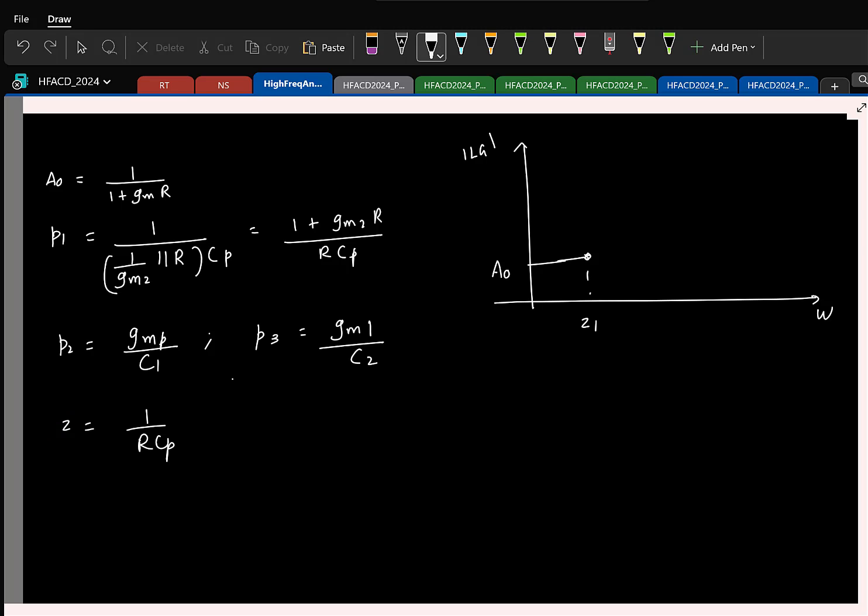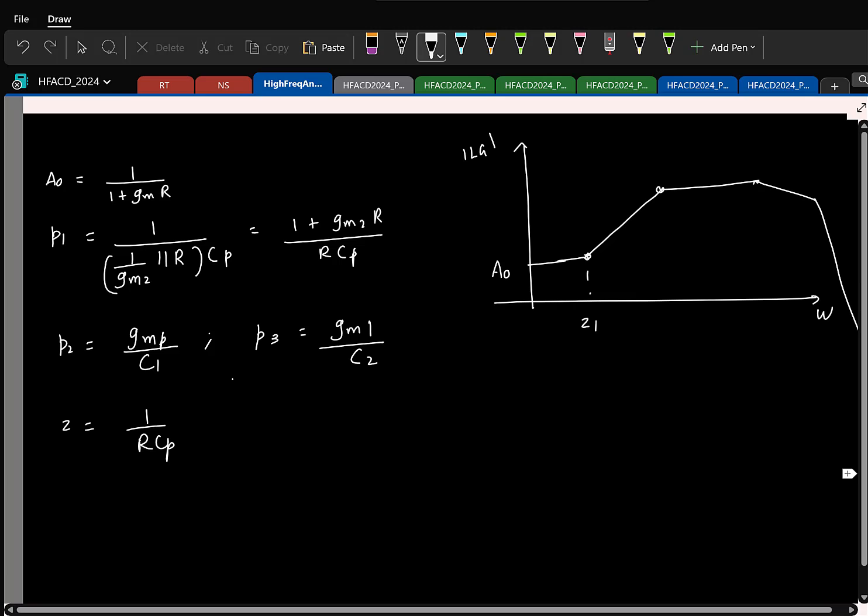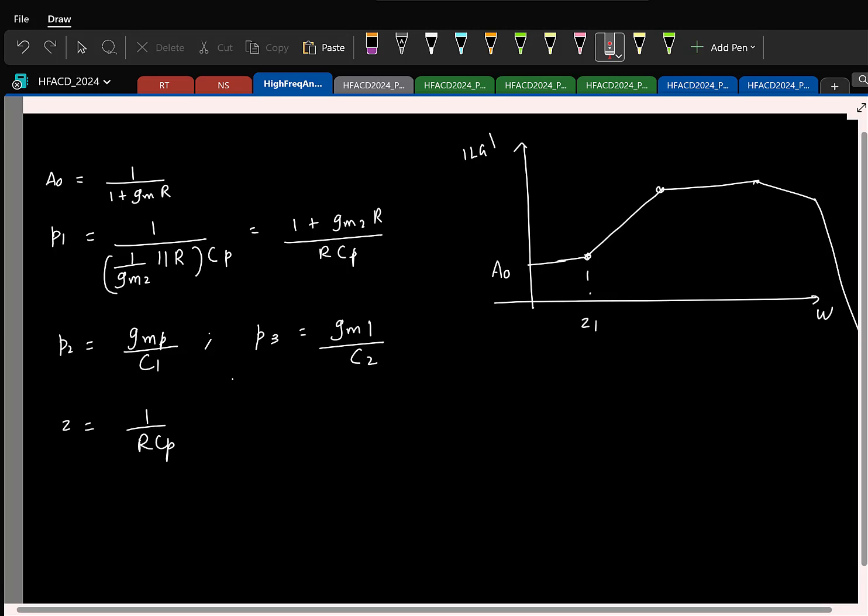So what will happen to the magnitude? It increases. And then this pole will come, which will flatten it out. After some time, P2 or P3, whichever comes. Now you can clearly see that depending on the capacitor values, this can actually cross 0 dB.